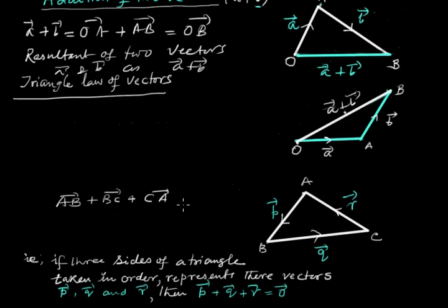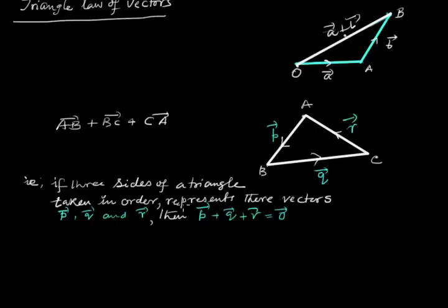Now look at this picture. AB plus BC plus CA, that is equal to, we denote this by P, Q and R. Now AB plus BC you can write as vector AC by the law of addition, and now this is CA.